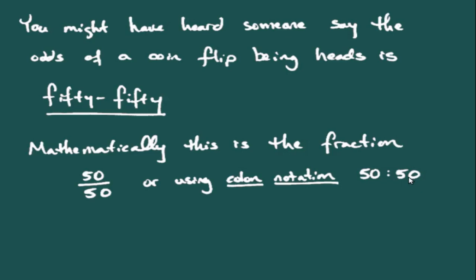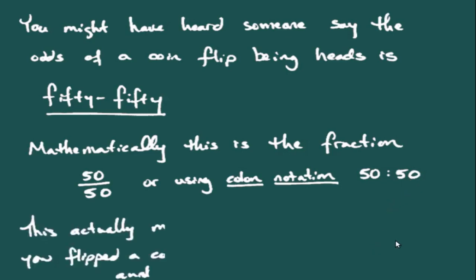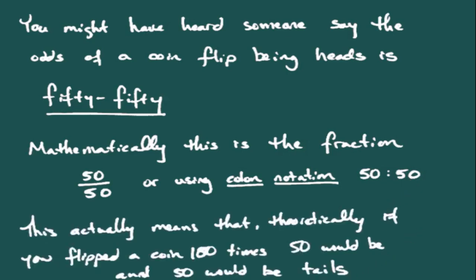Theoretically, what the 50-50 means is that if we flip that coin 100 times, we should land on heads 50 times and on tails 50 times. So the number of ways the event occurs, getting heads, is 50. The number of ways that the event does not happen, so the coin lands on tails, is also 50.